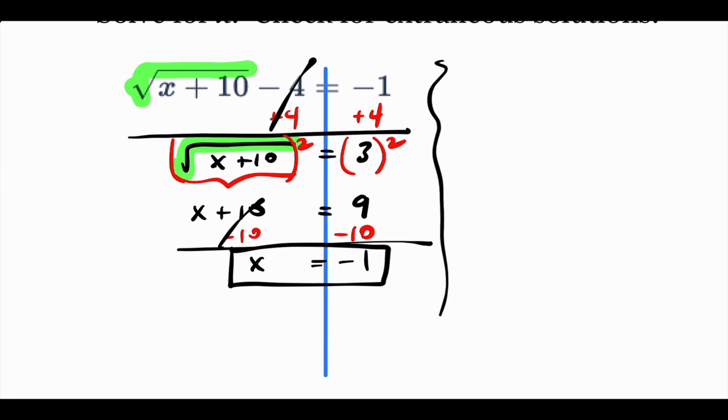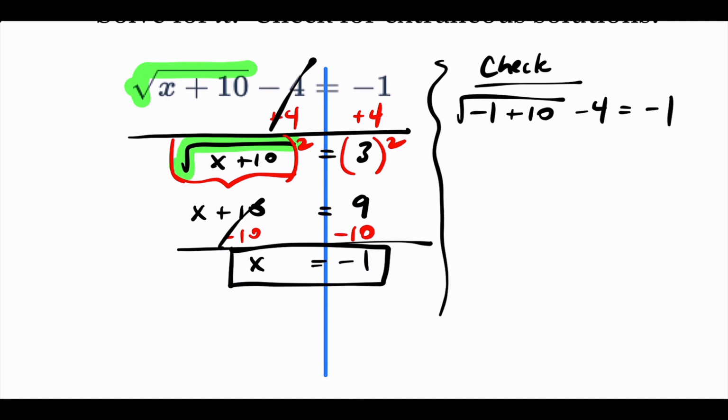So over here, I'm going to check. Anywhere I see an x in the original, I'm going to plug in -1. -1 plus 10 minus 4 equals -1. So I got to do inside the root first.